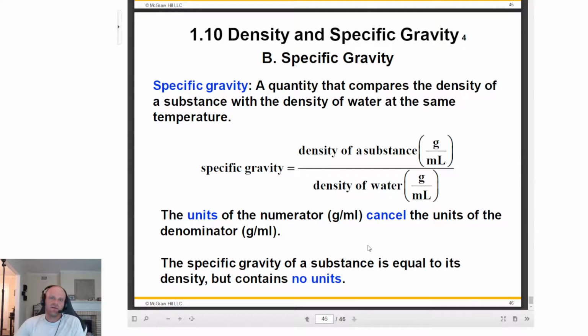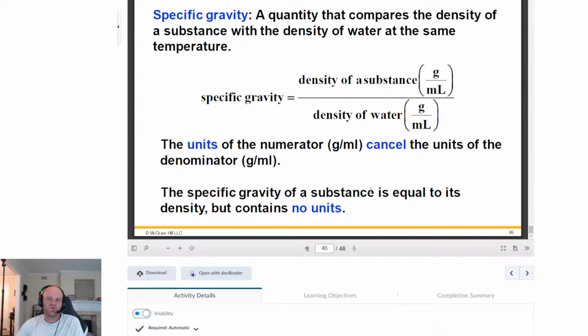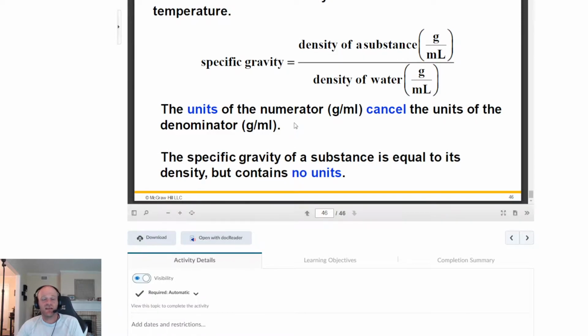Okay? So it's just a way to compare it to the density of water. If it was like 0.77, then we know that it'll float. Anything higher than 1 would sink. The interesting thing about specific gravity is there are no units for that because the grams per milliliter cancels out with grams per milliliter. Okay?